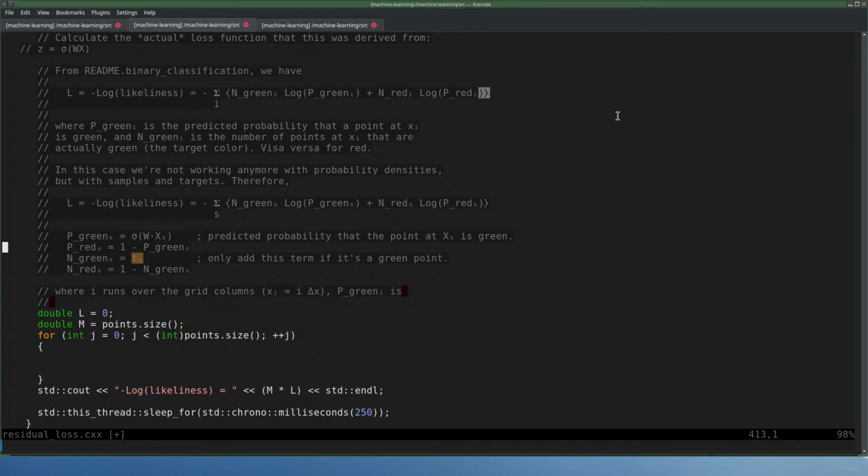Yeah, so one sigmoid is just still the sigmoid, but the other one is actually the predicted or the target. This one, it's no longer a sigmoid.